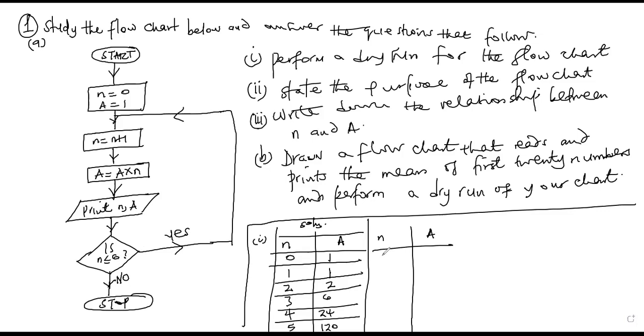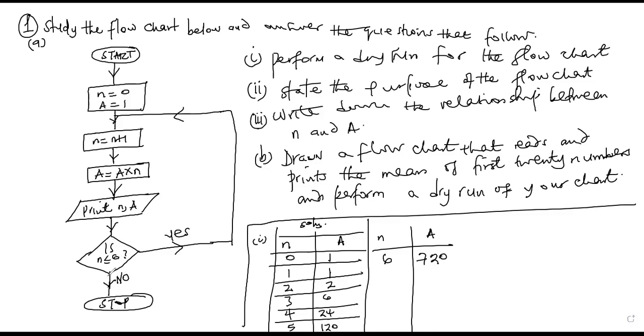When n is 6, we shall be getting 120 times 6, which will be 720. Then they are asking, is n less or equal to 6?